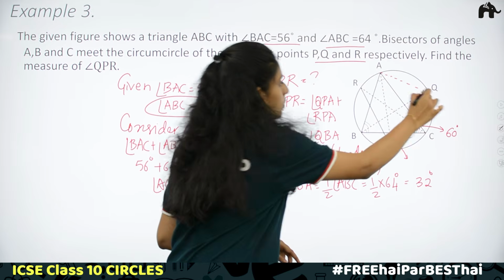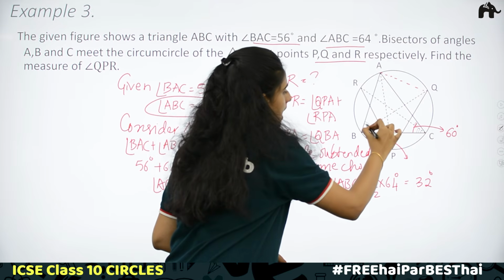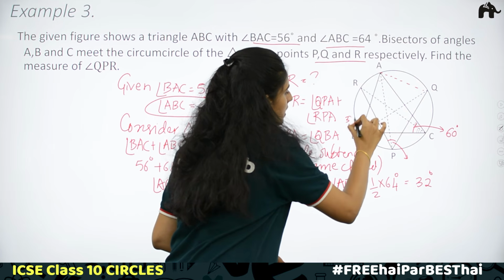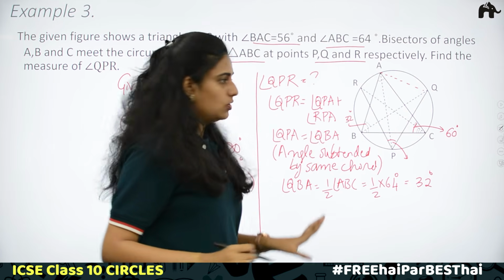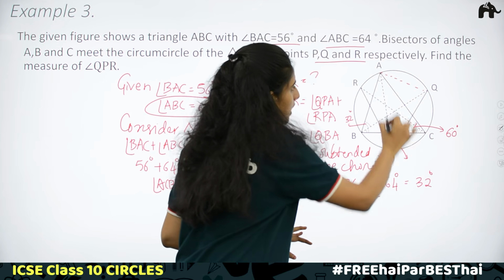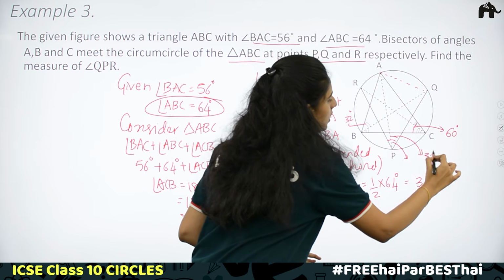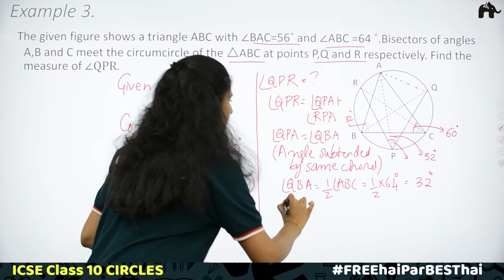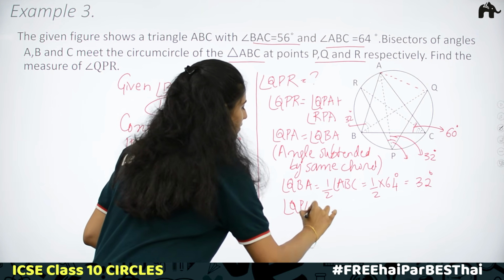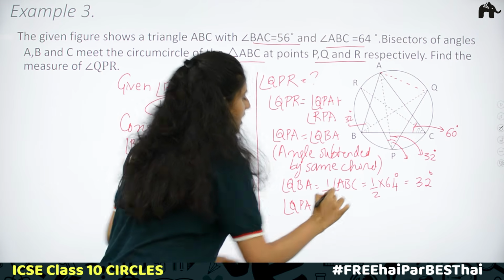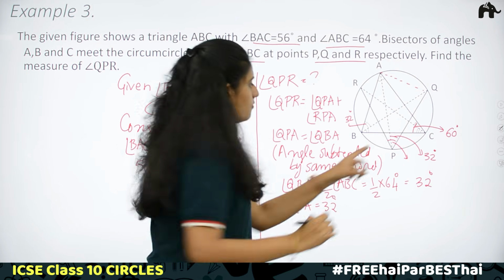QBA is 32 degrees. If this is 32 degrees, then angle QPA will also be equal to 32 degrees. We have determined one angle.